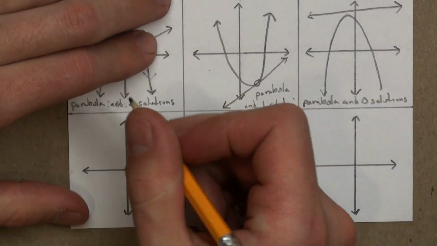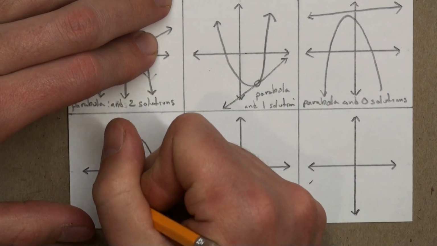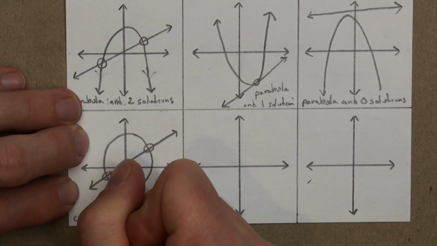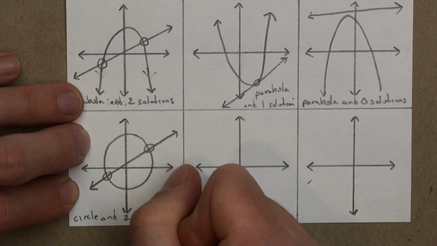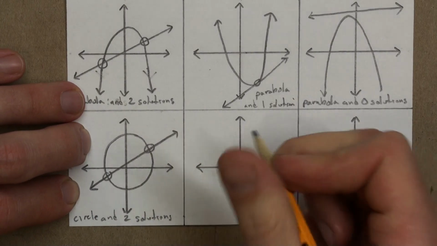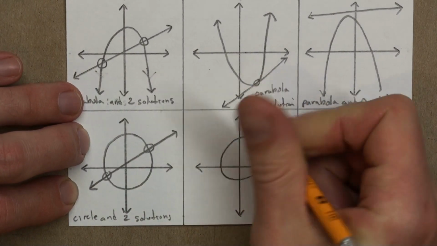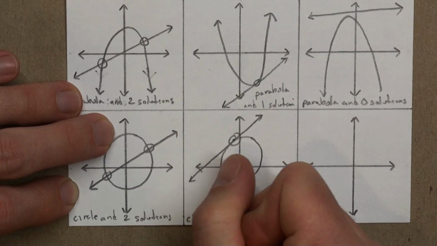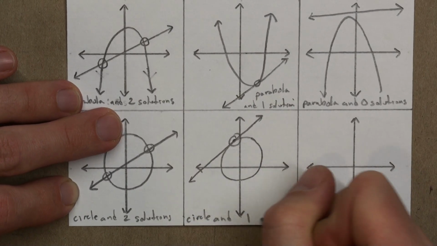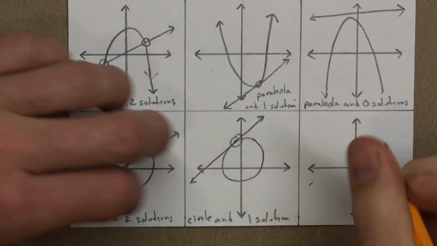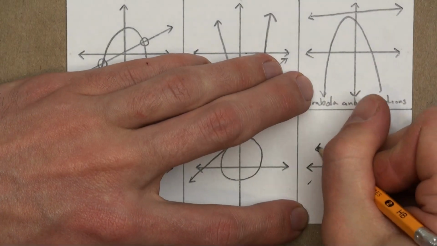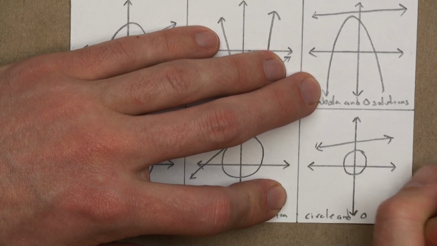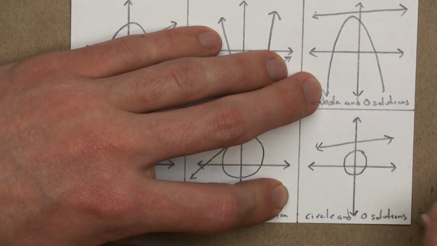Then what you could have is a circle and a line, circle and 2 solutions, or you could have a circle and 1 solution, or circle and 0 solutions.